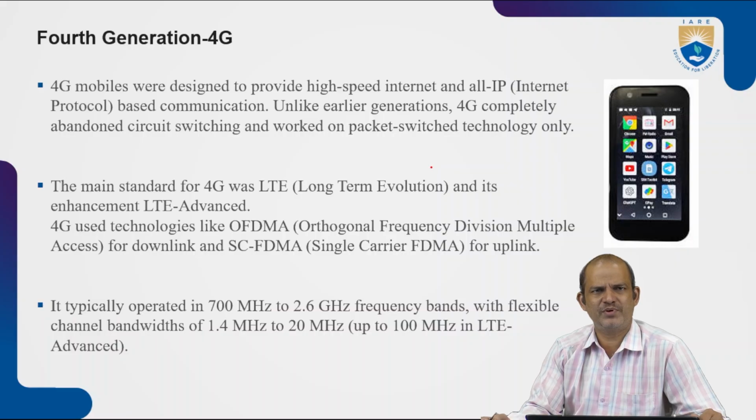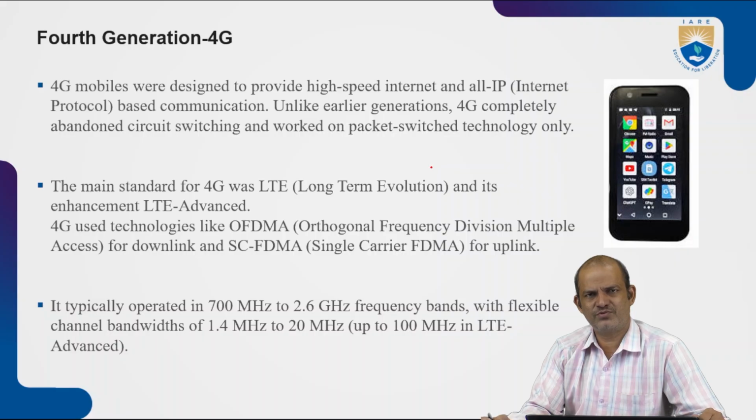This is the 4G mobile phone. 4G mobiles were designed to provide high speed internet and all internet protocol based communication. Unlike earlier generations, 4G completely abandoned circuit switching and worked on packet switching technology.